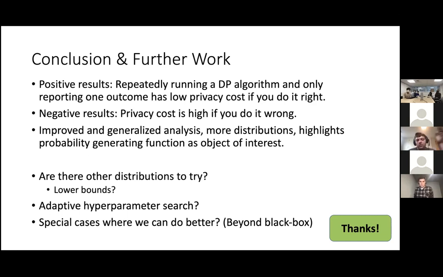For example, you can use Gaussian noise for sparse vector. Like in our work, you could use a Gaussian noise version of the exponential mechanism or report noisy max. As far as I know, it doesn't actually beat the standard results, but I think there's possibly some room there for exploration. There might be some regime where it does beat it.